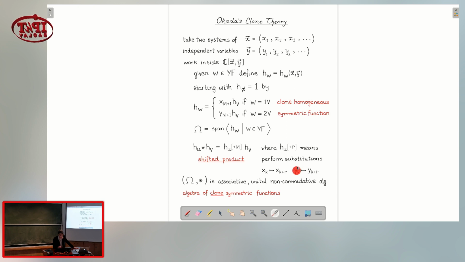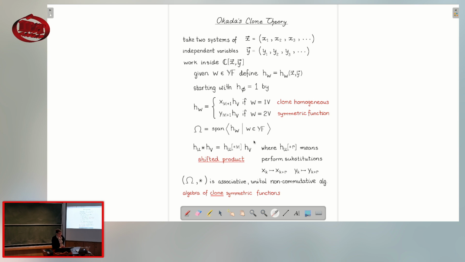And whenever I see a y_k, I replace it by y_{k+r}, where r is the rank of v. So I advance all of the indices of the x's and y's depending upon the rank of the right-hand factor.